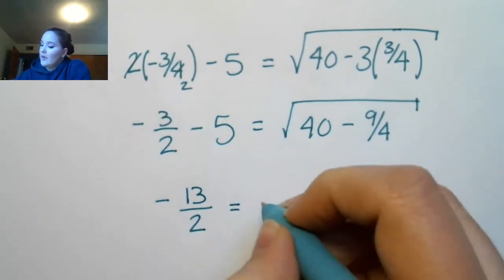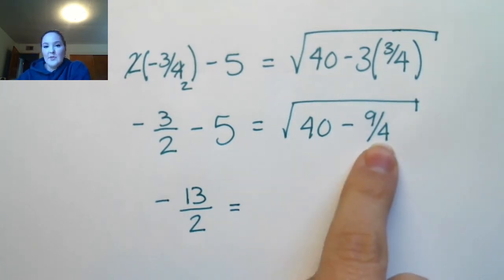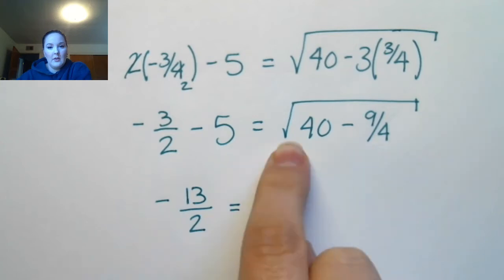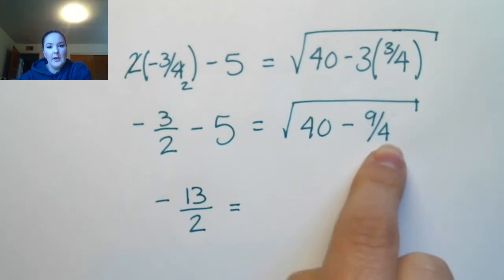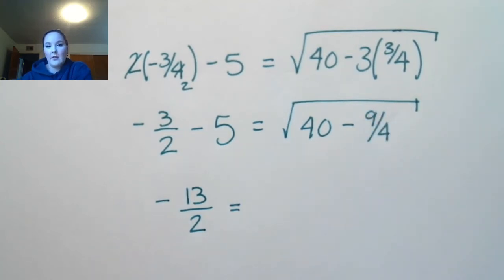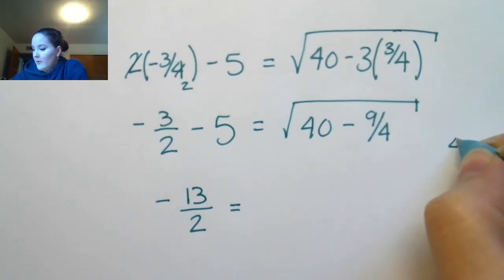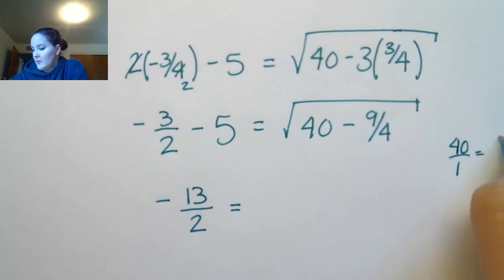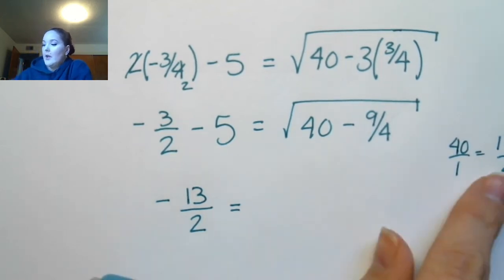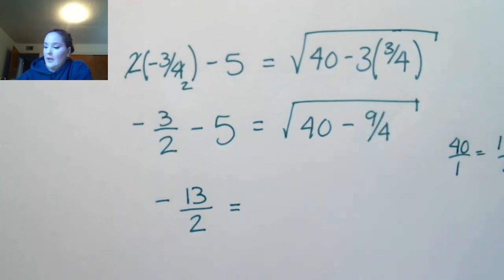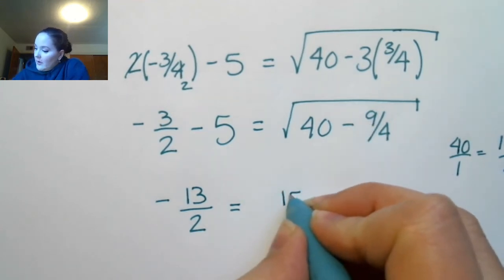Over here, 40 times 4 is 160, minus 9 is, right, 40/1 equals 160/4. And 160 minus 9 is 151.